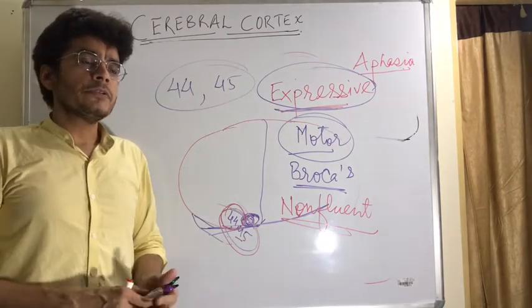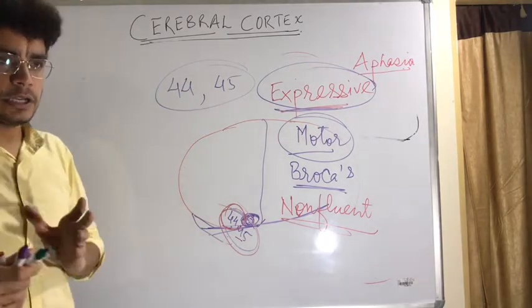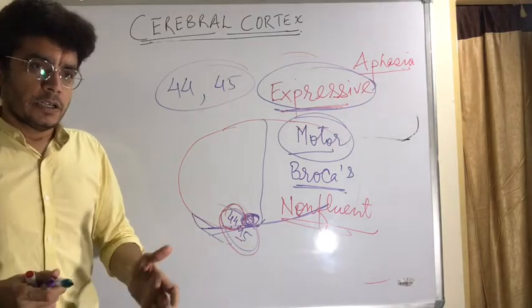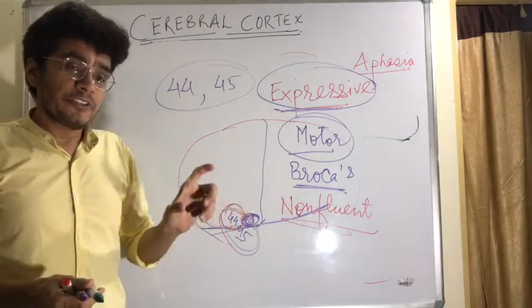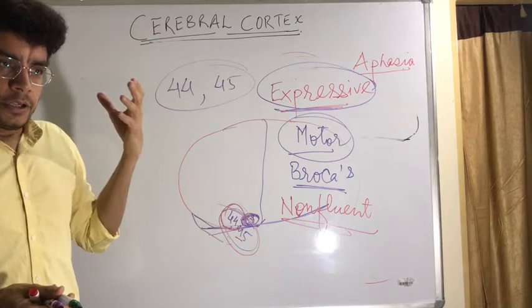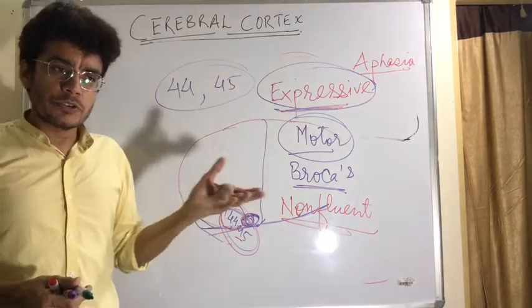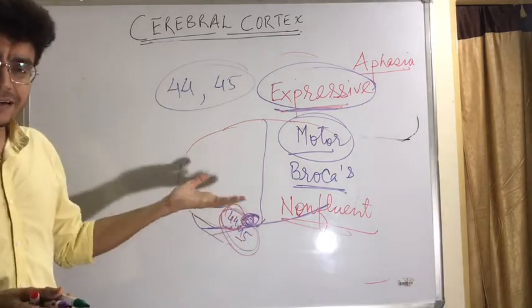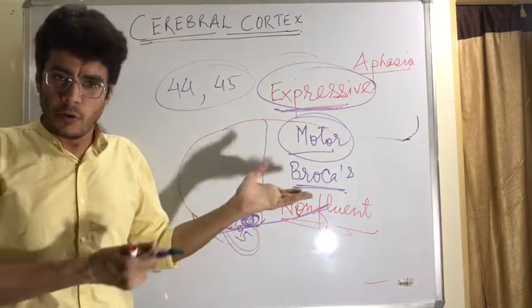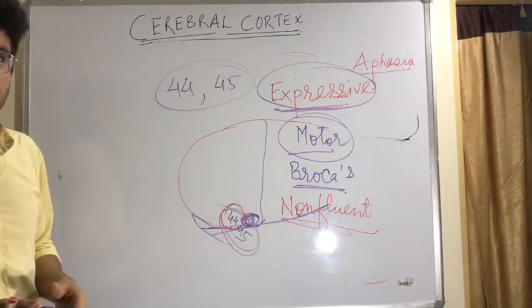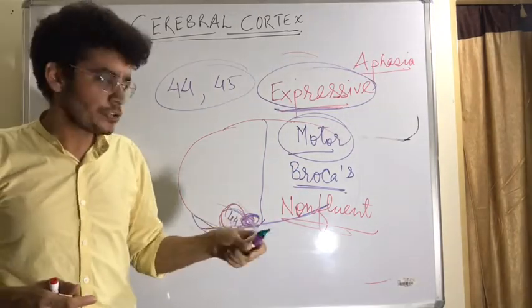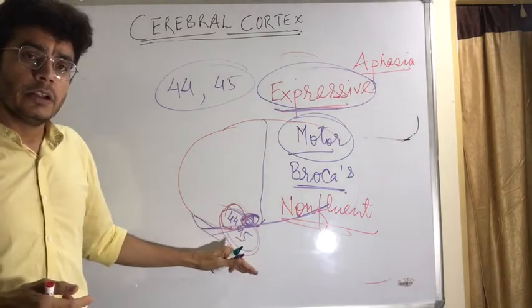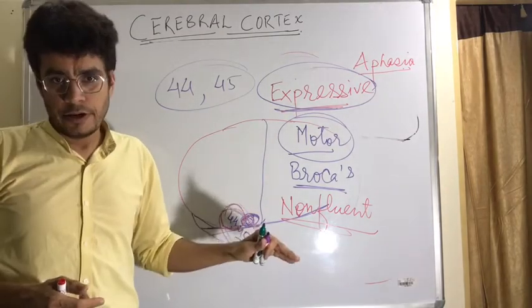If I ask a person, like a student, the entire day's activity of a student, like he wakes up in the morning, then goes to the college, attends the classes, then goes to the market, all these things, and at the end of the day, if I ask that student who is suffering from this Broca's area problem, what did he do today?